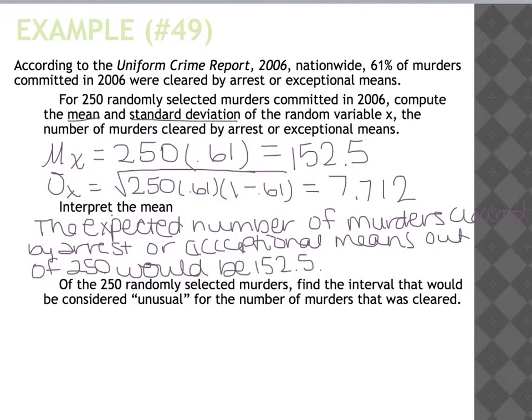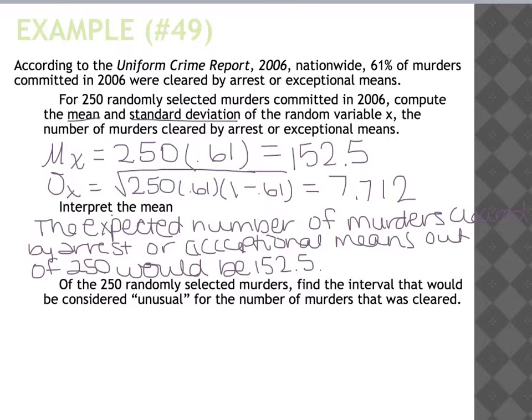So that means if we were to take 250 random cases, we would expect to get about 152 or so of them that were cleared by arrest or exceptional means. Now, remember, that doesn't guarantee that's what you'll get. That's just the average, or what maybe you would expect to happen, but that doesn't guarantee it will happen.